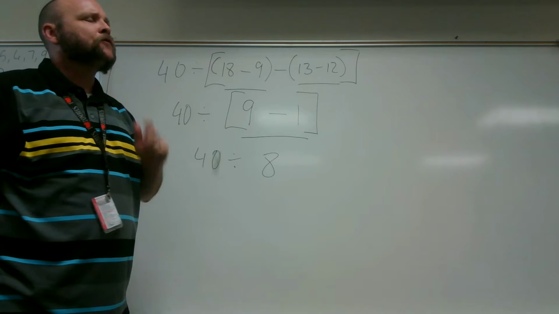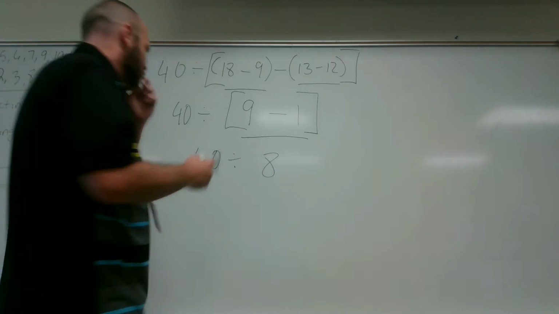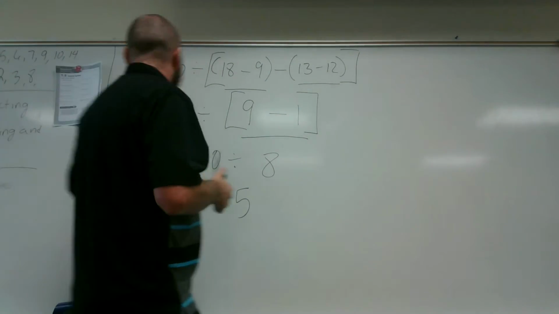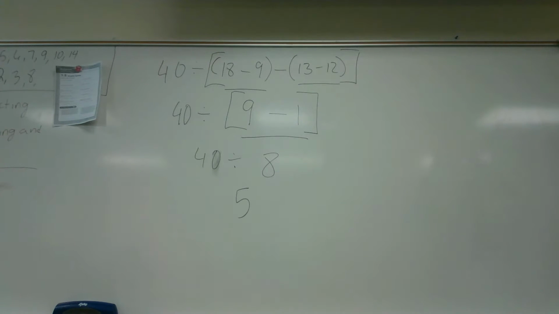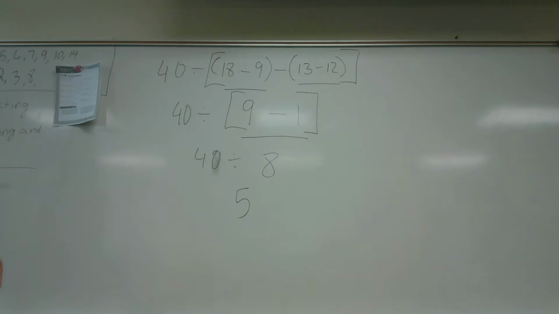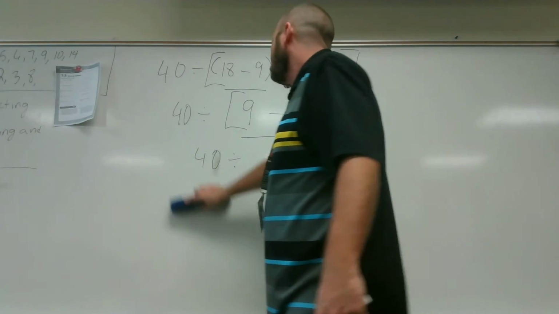What's the quotient of 40 and 8? She said 5. Good. So that expression simplifies all the way down to 5. What if we put 40 divided by 8 equals 5 and not just 5? That's fine. That's what I just saw.